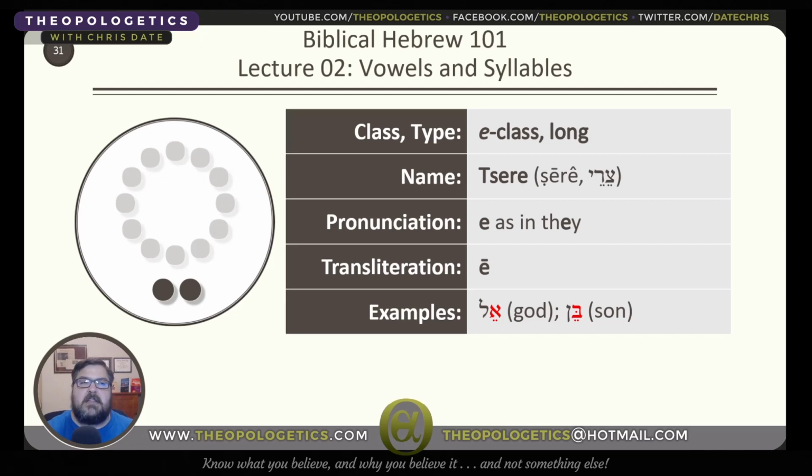But you should get into the habit, at least initially as you're learning, of pronouncing it like a tsere. It's transliterated using the English letter E with a line over it to indicate that it's a long E sound. And examples of words that begin with this vowel sound are el, meaning God, and ben, meaning son.